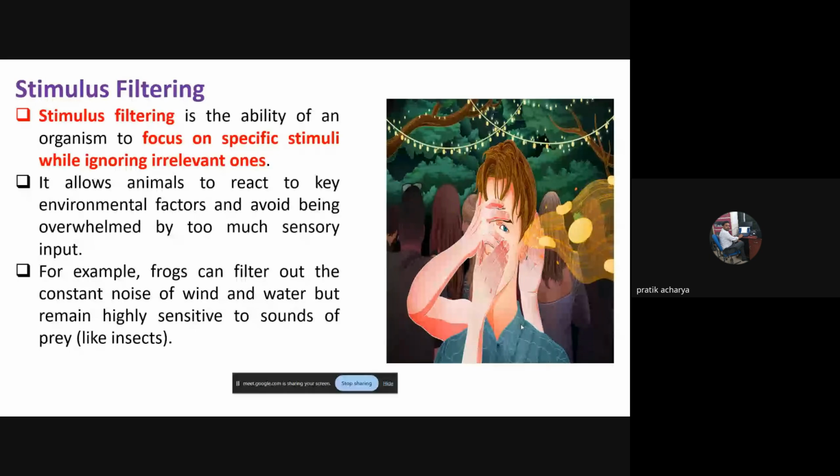So what does it define? Stimulus filtering defines the ability of an organism to focus on specific stimuli while ignoring irrelevant ones.